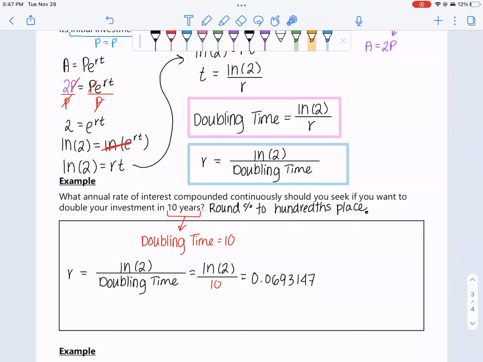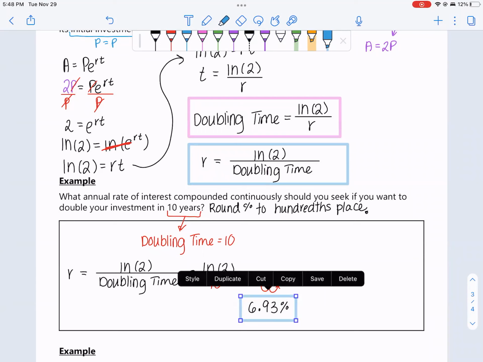We need to convert it to a percentage, and the percentage needs to have 2 decimal places. So to convert to a percentage, we move the decimal place over twice. So we get 6.93%. Just be careful when you're solving for r: make sure you move the decimal place over because you're giving a percentage. That's it. If you want to double your investment in 10 years, get a savings account that has 6.93% interest. Easy peasy.